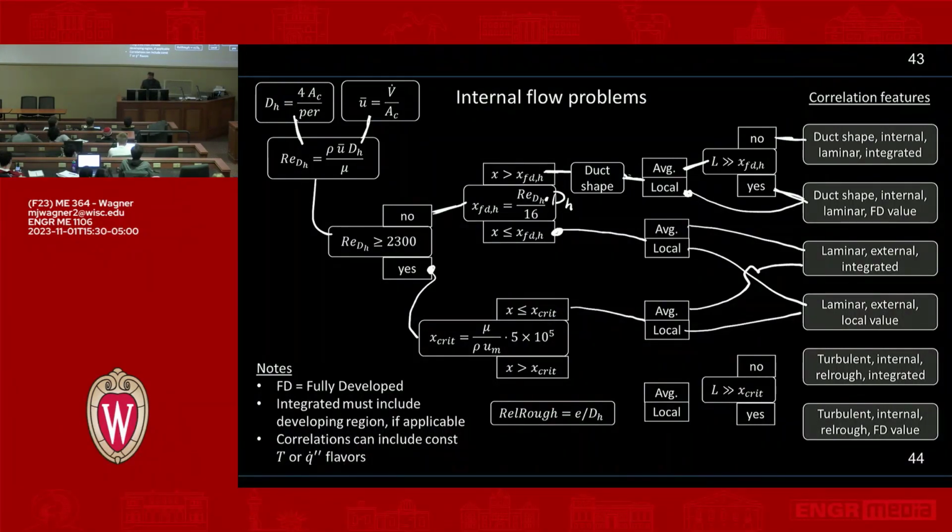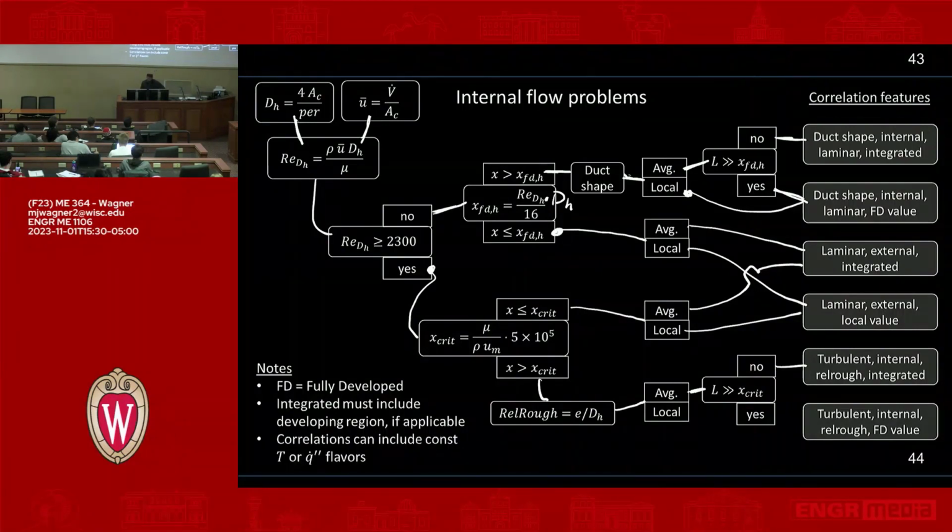Okay, going back to the critical, so now let's say X is after the critical X position. So I need to now incorporate relative roughness. So this is something you have to bring along, kind of like duck shape. I'm going to ask myself average or local. If it's average, then I compute is L much greater than X critical. If not, then I'm going to use turbulent internal relative roughness integrated correlation.